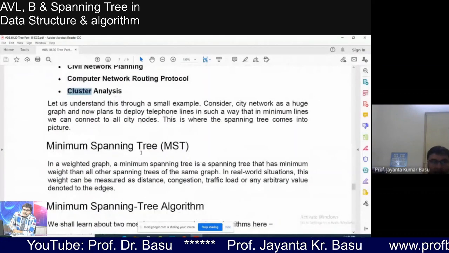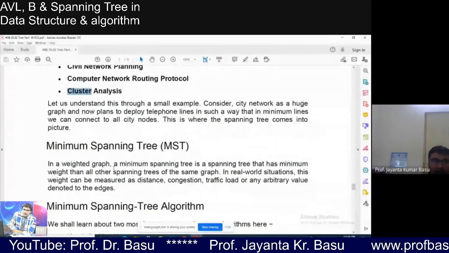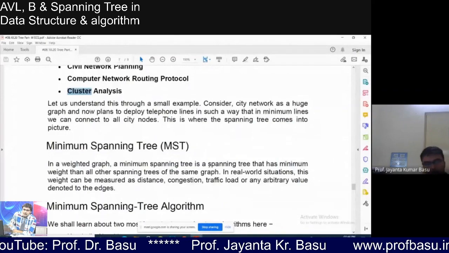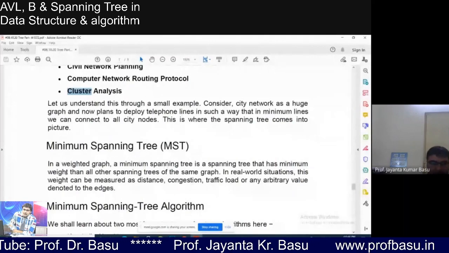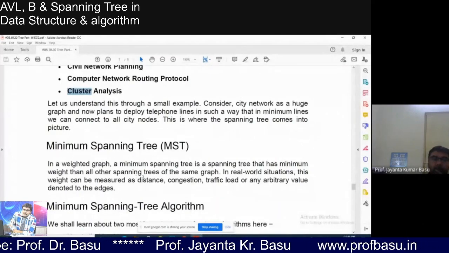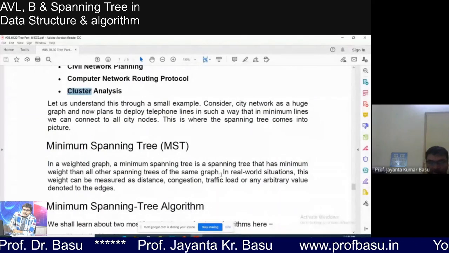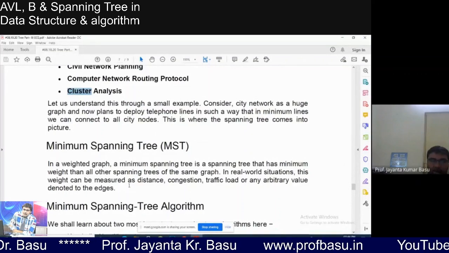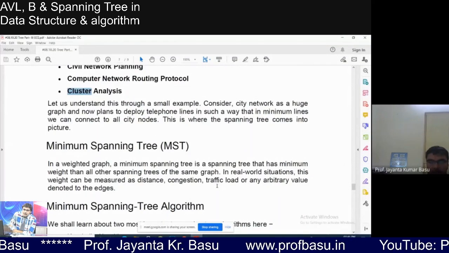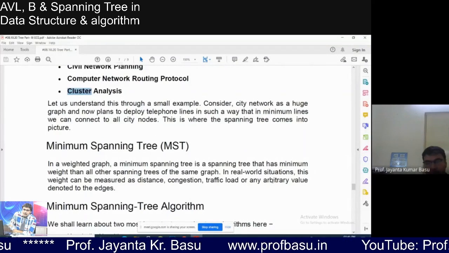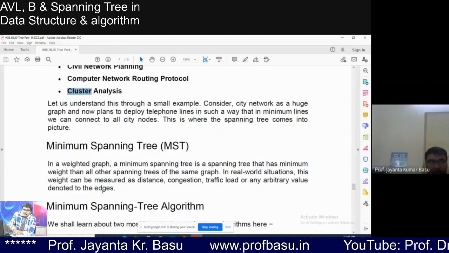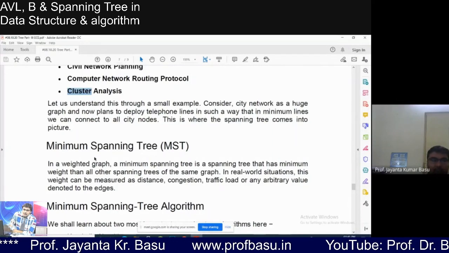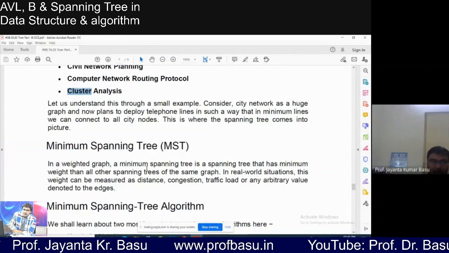Minimum spanning tree. In a weighted graph, a minimum spanning tree is a spanning tree that has minimum weight compared to all other spanning trees of the same graph. In real-world situations, this weight can be measured as distance, congestion, traffic load, or any arbitrary value assigned to the edges. So minimum spanning tree we will discuss later.